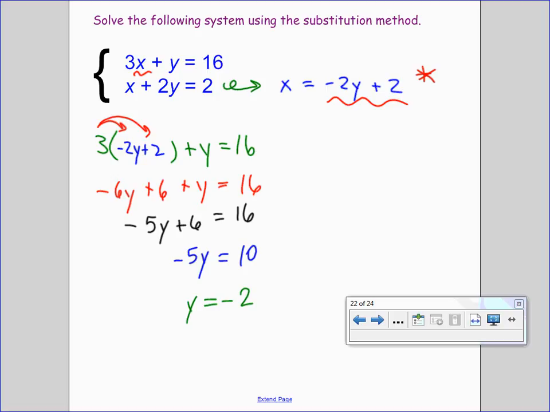But that's not all. That's only half the system solution. But I've got my x equals asterisk equation here, where I can go back in and rewrite to figure out the x value. x must be given by the opposite of 2 times y plus 2. We just decided y was negative 2. I don't know what happened there.